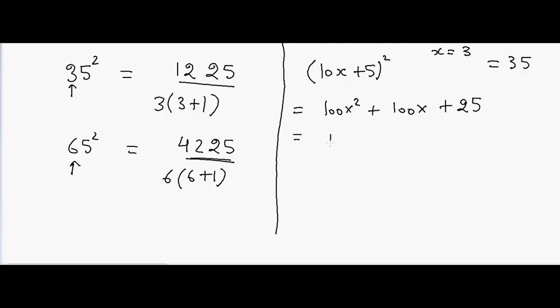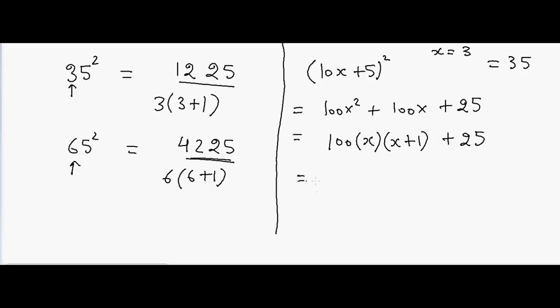If we solve this, that will be equal to 100 into x into x plus 1, plus 25. So as you can see, we are taking the first digit and multiplying it by the next number, multiplying it by 100 and then adding 25.